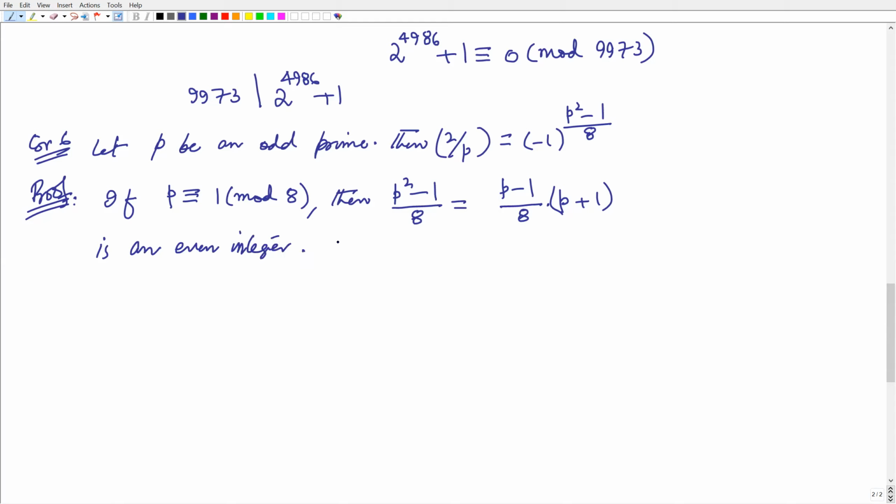Okay. And if p is congruent to -1 modulo 8, then (p square minus 1) by 8 can be written as (p plus 1) by 8 times (p minus 1).